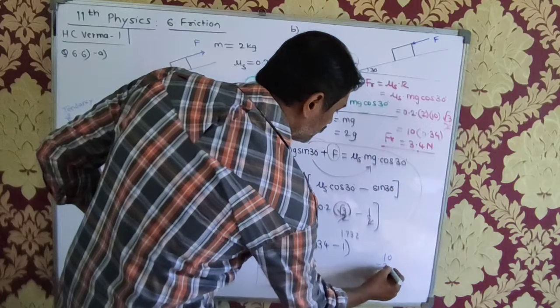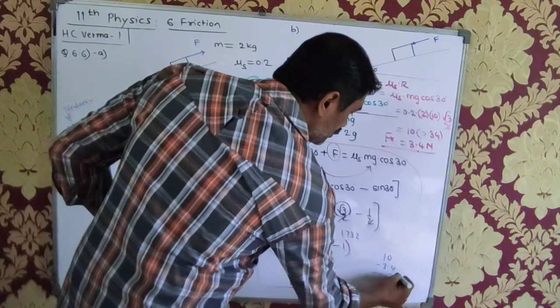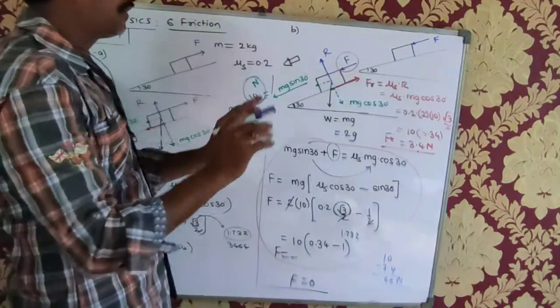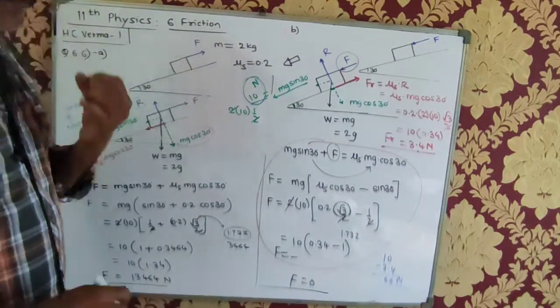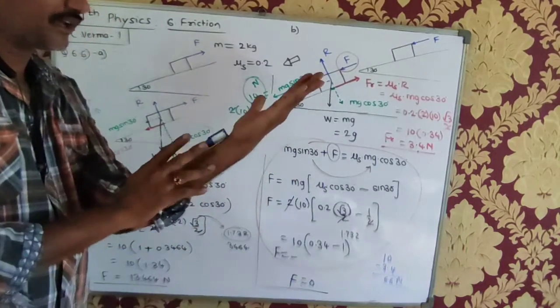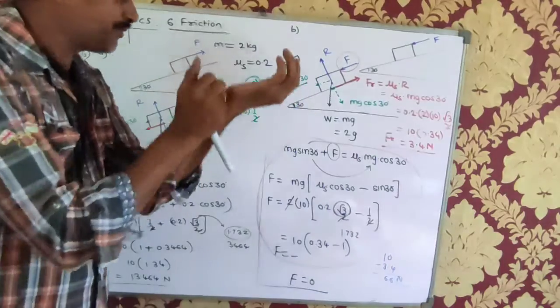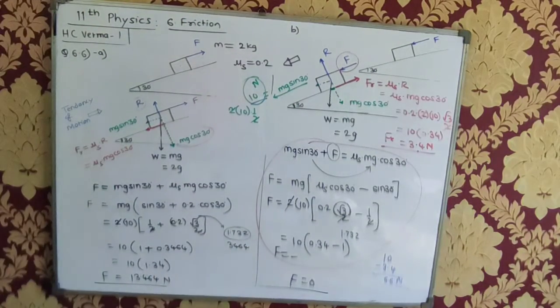That means how much will it be? 6.6. So the force required to support it at its place is 6.6 Newton. If we redefine the question, is this clear? Because the block is falling, to stop it from falling down we have to apply this much force. Is that understood? Okay.